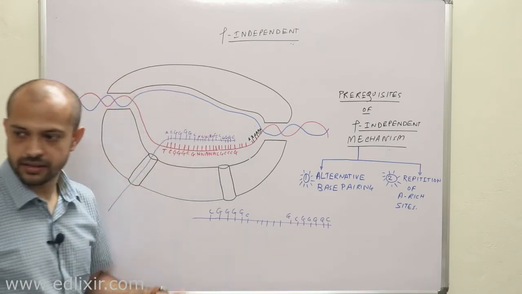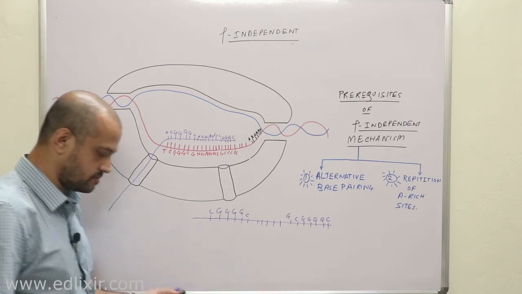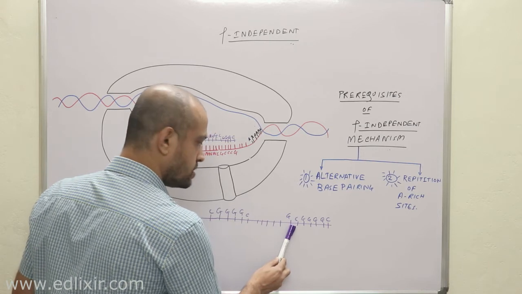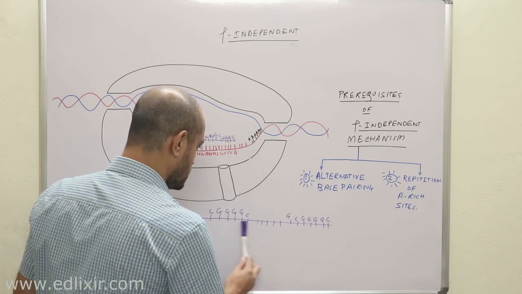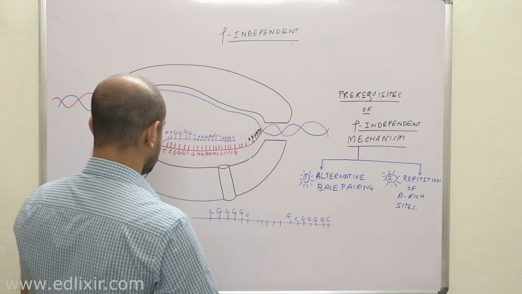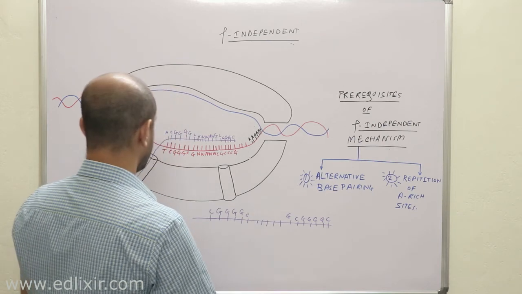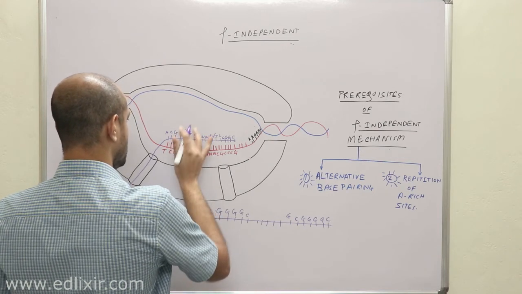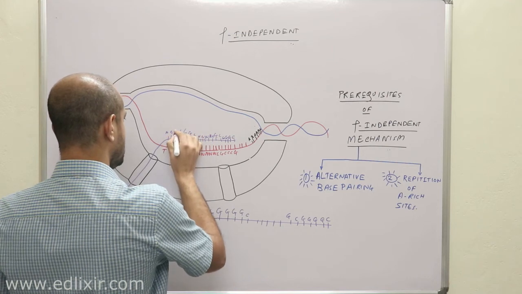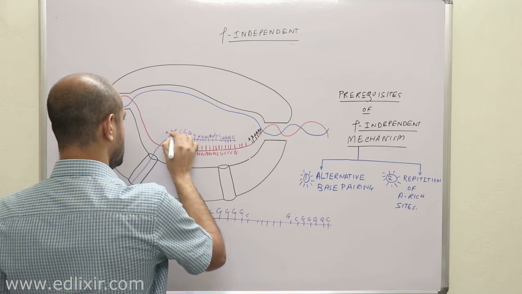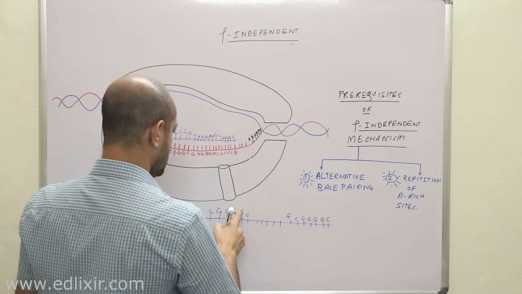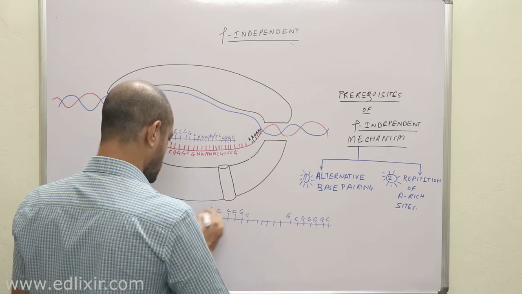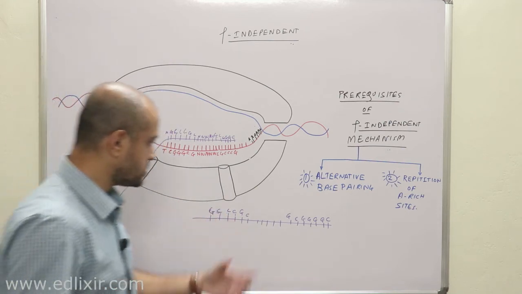Can you find the peculiarity here? This C can now interact with this G. This G can now interact with this C. Clear? Sorry, I have put here G's, so opposite to G there will be C, and opposite to C there will be G. So there will be 3 C's here. Clear? Now listen, can you find the peculiarity here?